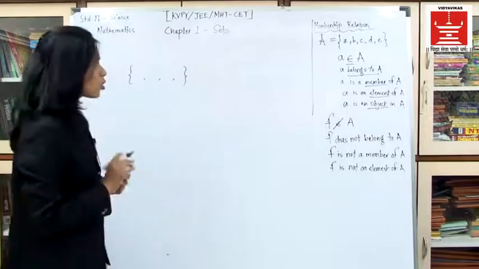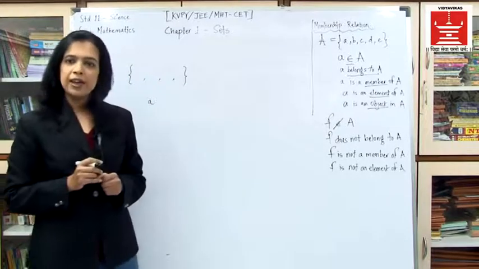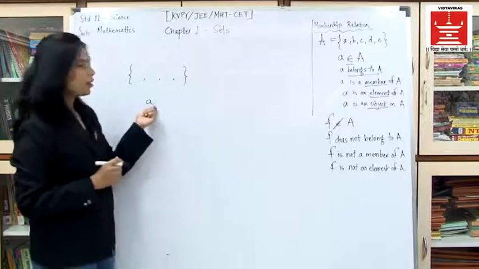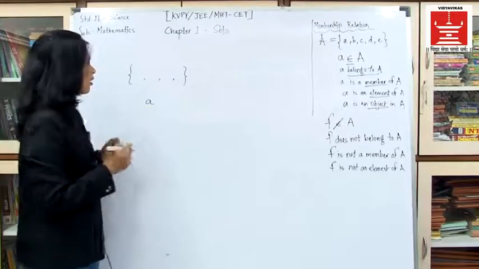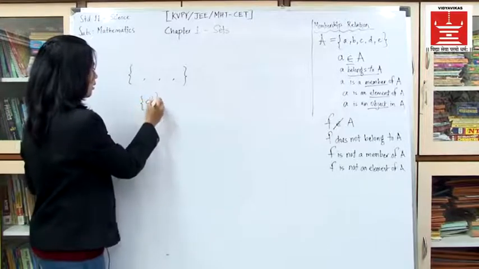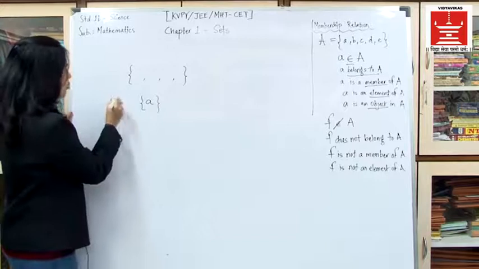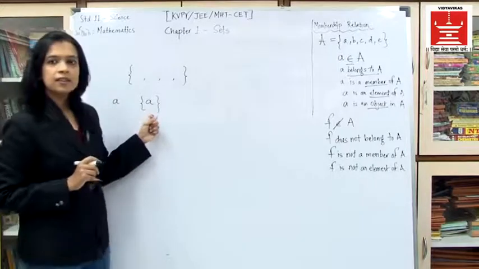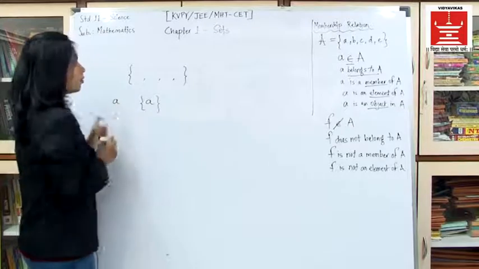A member of any set is written only using its small case letter, and if I say something like this, then definitely a small case a and this a inside the curly brackets are two different things.